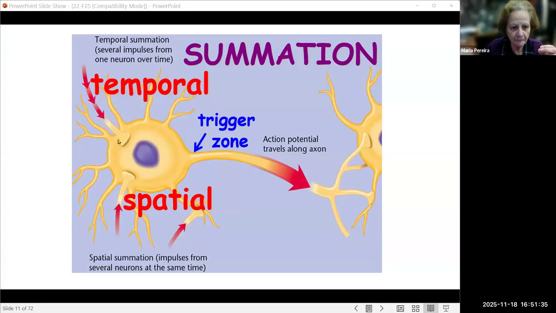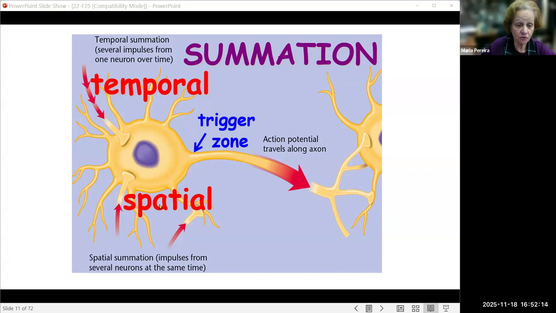So adding up all of it, it might reach a level that is threshold. That's what the summation is. It's temporal because it's the result of the same presynaptic neuron releasing and activating the postsynaptic neuron continuously. So the effect, the summation, the result of this frequent stimulation can change the potential to reach threshold.